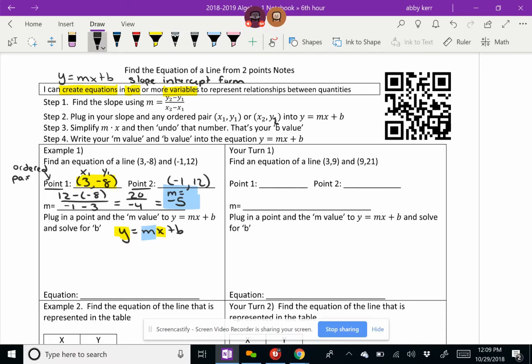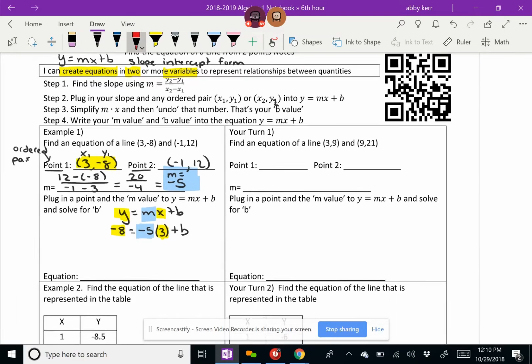So the y is negative 8 from the ordered pair that you chose. The m is the negative 5 that you found. The x value is 3. So once again, these are from the ordered pairs that you were given. And then this was the m that you found.